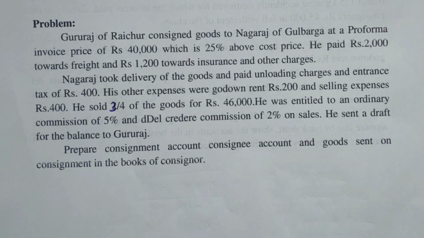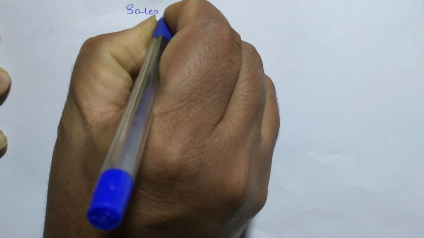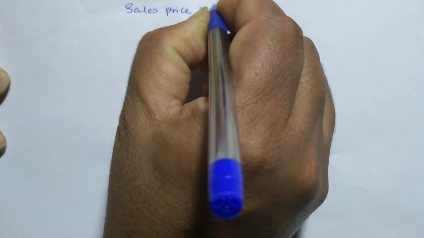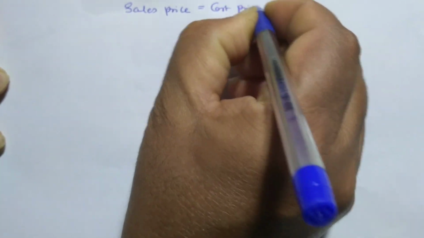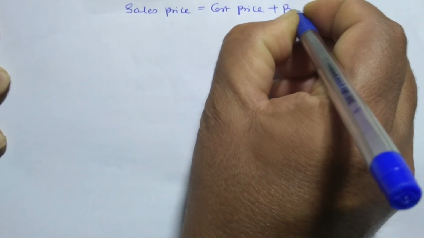Before preparation of accounts, we must calculate consignment stock and commission. Let us calculate. First of all, we should understand the method of pricing. Goods are sent in different pricing methods. For example, sales price is equal to cost price plus profit.